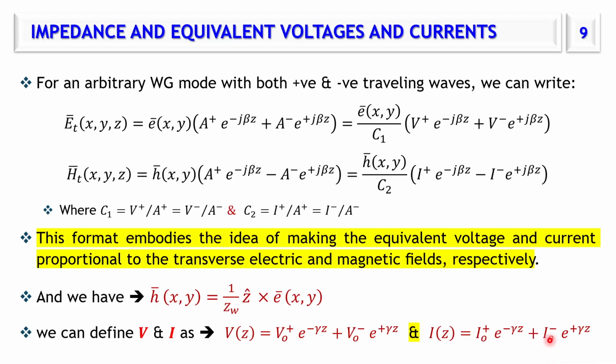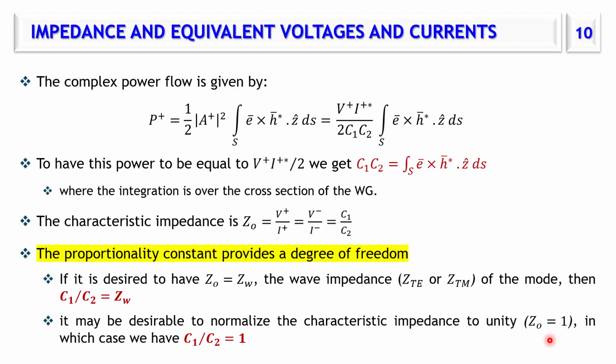Now we go for the next property, which is the power. The power in general in this case has this expression, which gives us this mathematical expression. As we said, we need our voltage and current product to be related to the power flow.